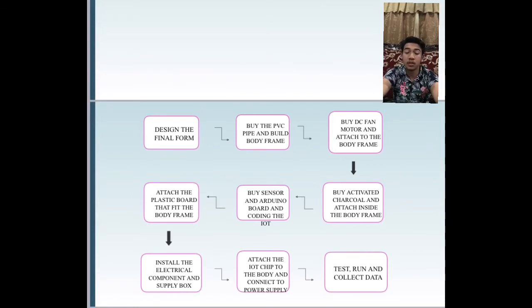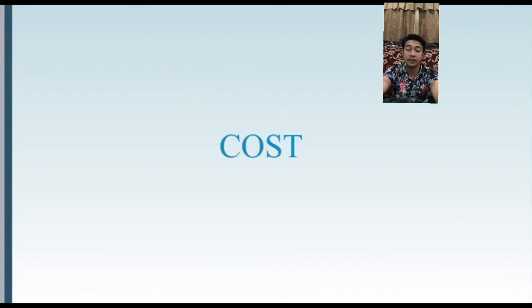We also attached the electric components and the supply board. Last, we activated the IoT chip on the body and connected the power supply. At the end of the project, we tested our project, ran it and collected data based on the test. That's all about the procedure.